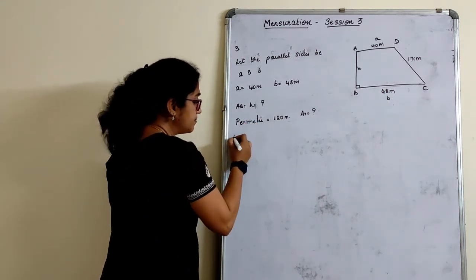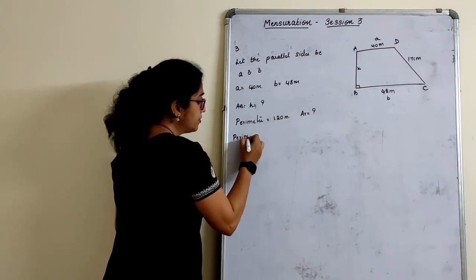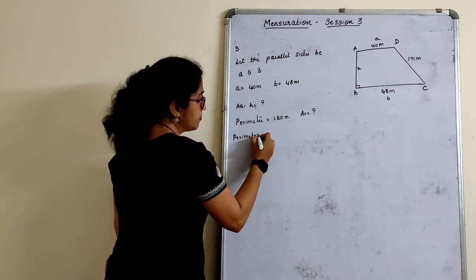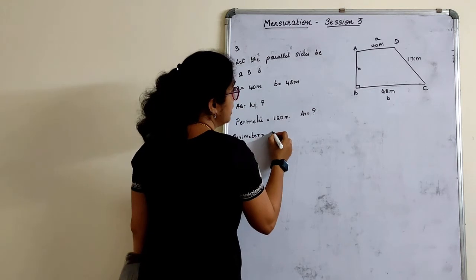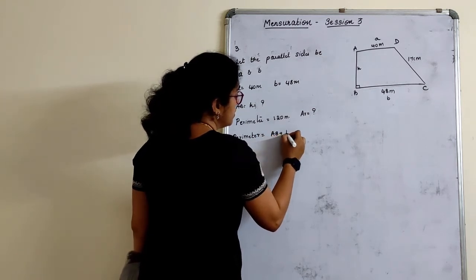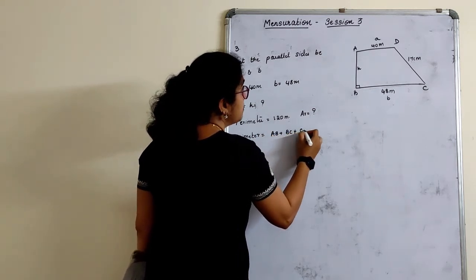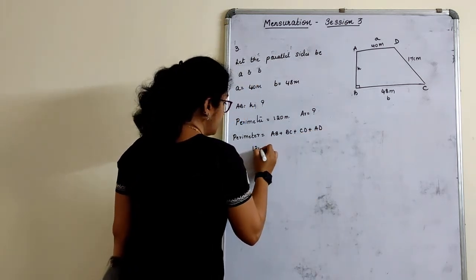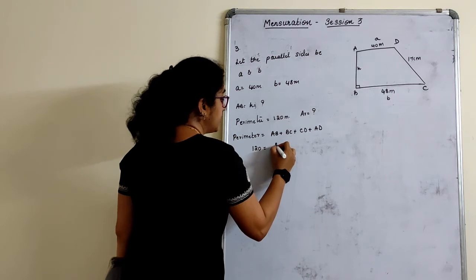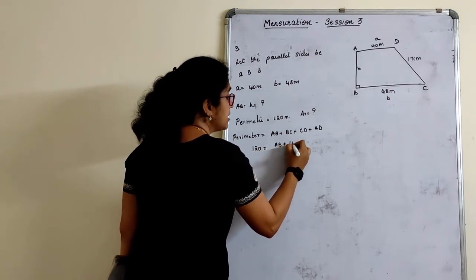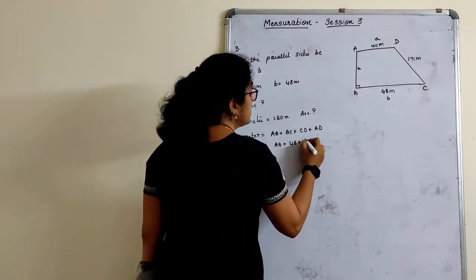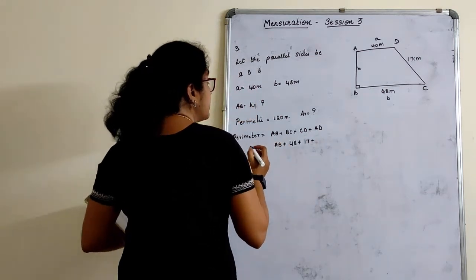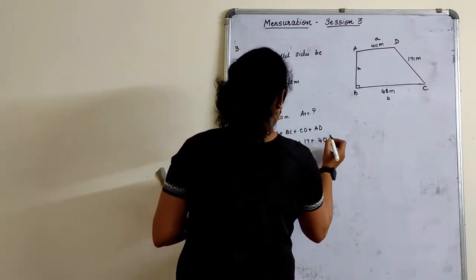We'll use perimeter. Perimeter is equal to what? Sum of all the sides. Is equal to AB plus BC plus CD plus AD. 120 is equal to AB as it is, I'll write, BC is 48, CD is 17 plus AD is 40.